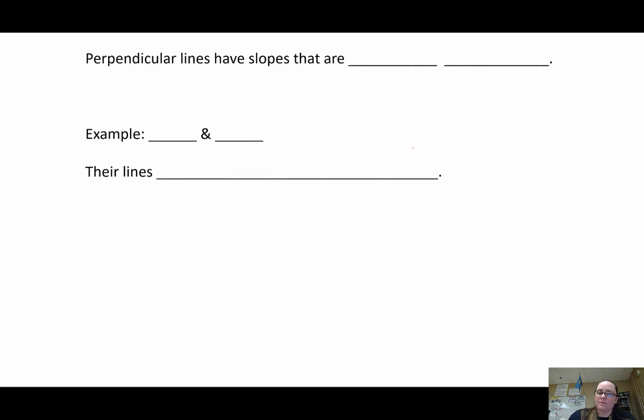All right, perpendicular lines. Perpendicular lines have opposite reciprocal slopes. What does that mean? All that means is my slope, the fraction is flipped and the sign is changed. So if I have 5/3, my opposite reciprocal is -3/5.